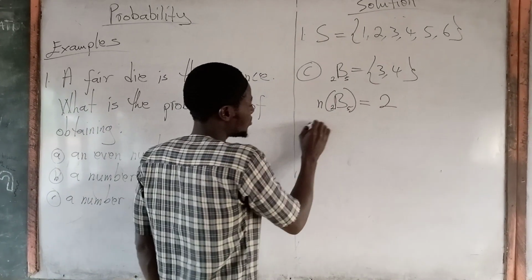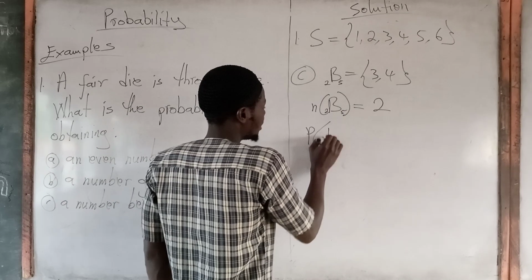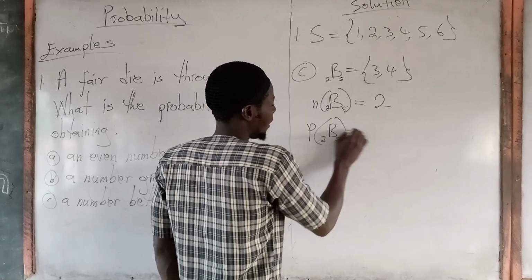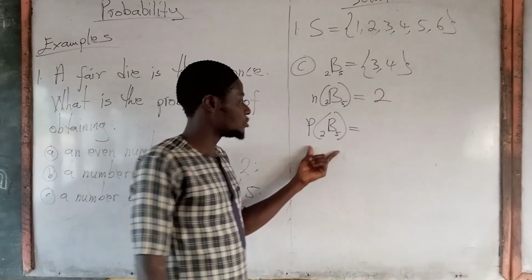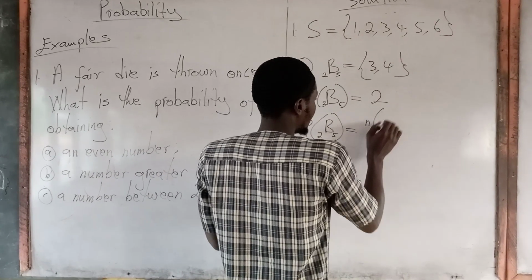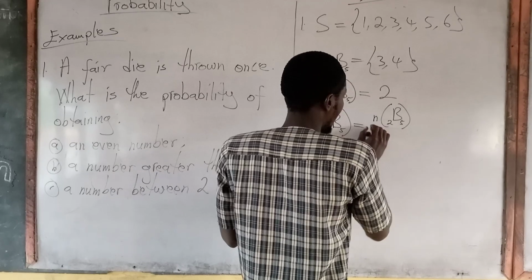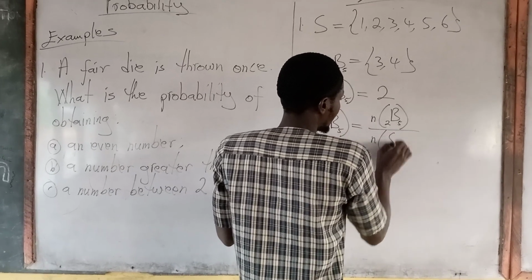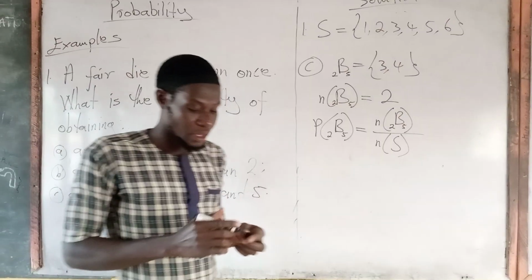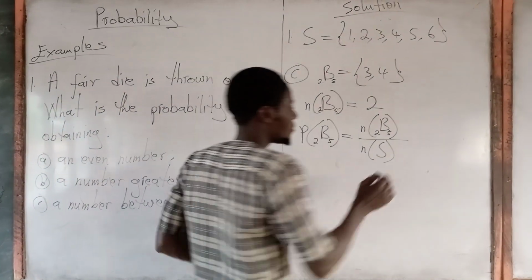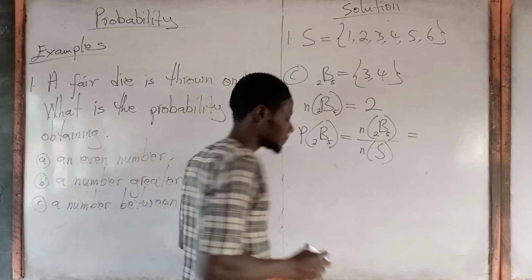Then we find the probability of numbers between 2 and 5. It will be n of numbers between 2 and 5 divided by the number of elements in the sample space.